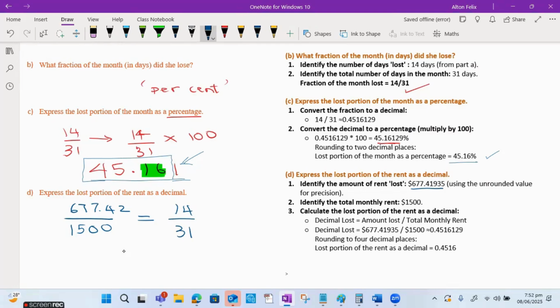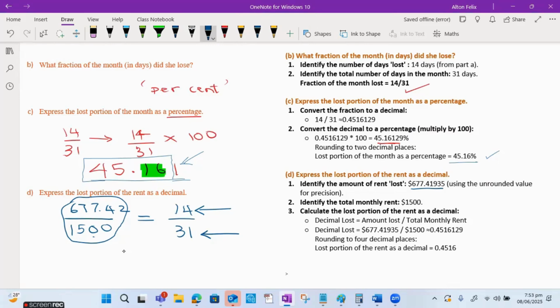Because notice this here represents the lost rent over the total, and this lost rent over the total corresponds to the lost days over the total number of days. So what you have here is an example of what we call equivalent fractions. One fraction and another fraction, both of them give the same answer.